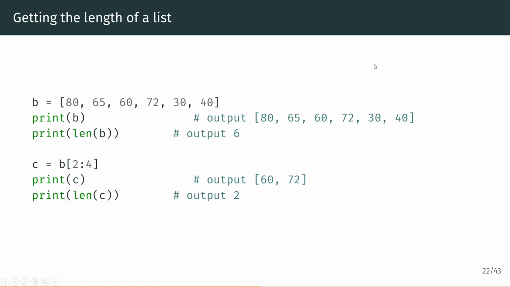Now, another extremely important function that is often used with a list is the length of a list. Getting the length of a list is done by simply using this function called len. This is already defined in Python. The len is a Python built-in function.